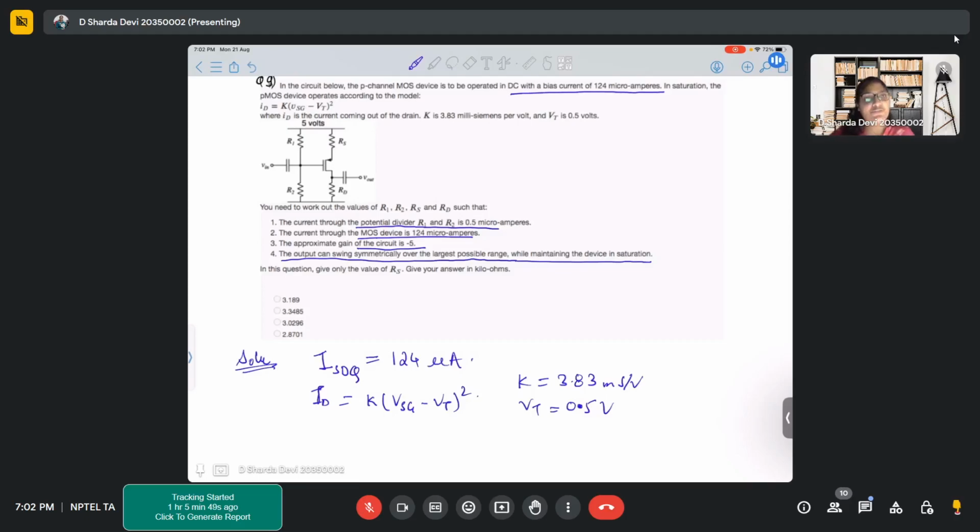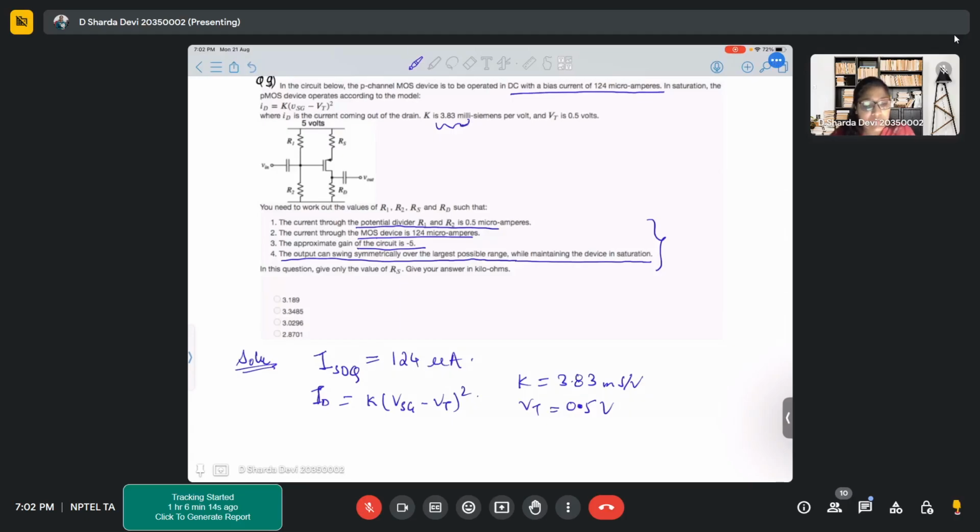Now this is a new type of problem, right? We have never used this type of problem, but this is actually a practical problem. You have a MOSFET, and for that MOSFET you know your values of W by L, Cox, mu, everything. So basically K is always known.